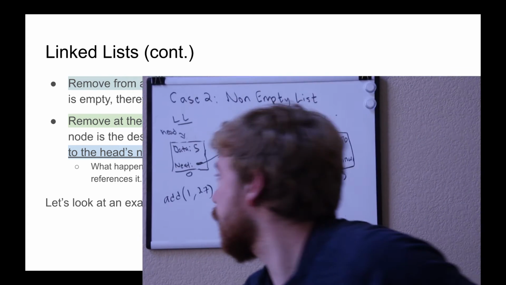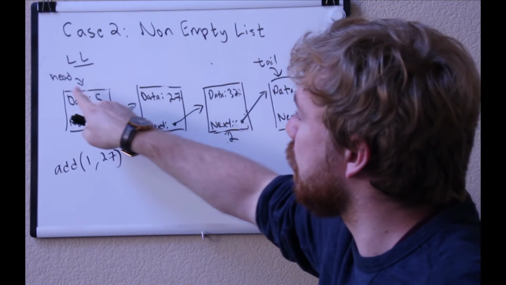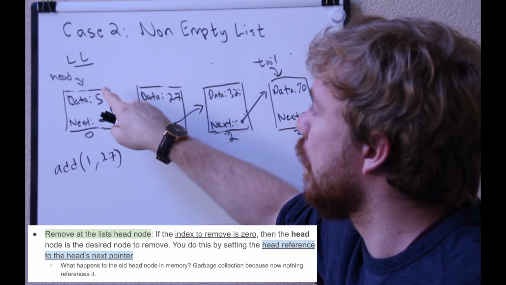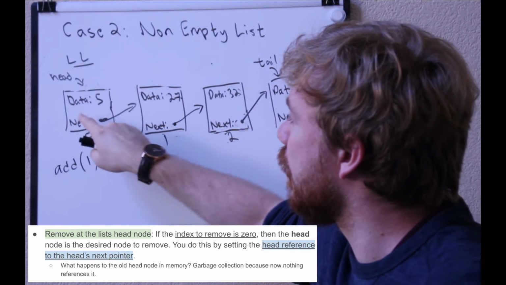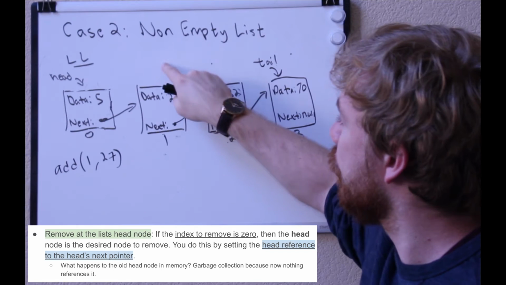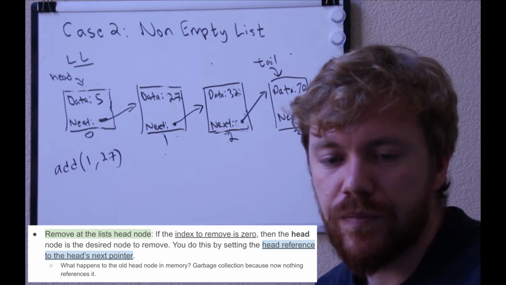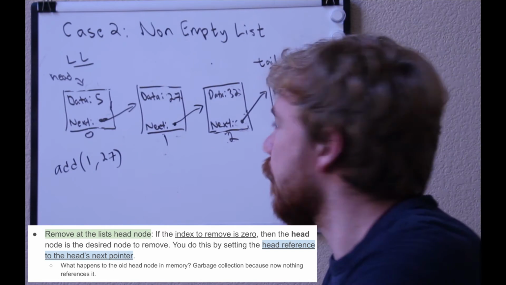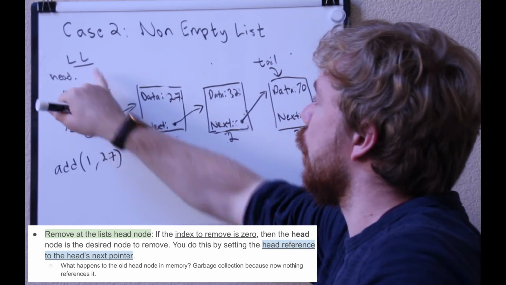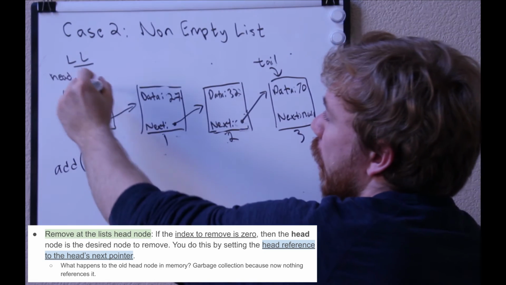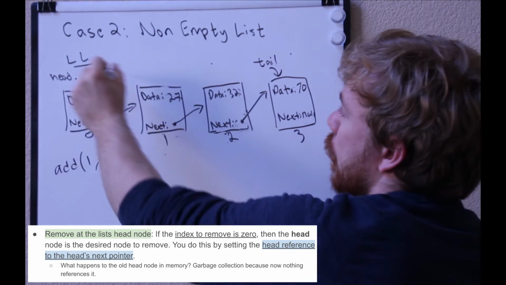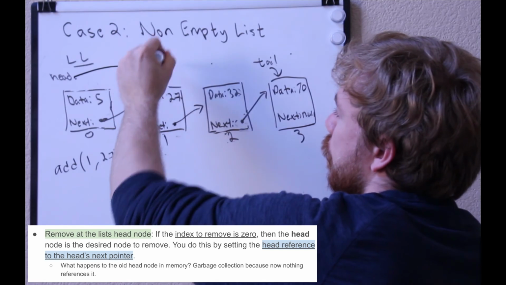So basically what we're saying is, the head currently references this node, but what we need to do is set it to this node's next, which currently references this guy. And so we'll go ahead and just do that, right? We'll say, okay, head, you no longer reference this very first node, you now reference whatever this first node's next variable is referencing, which is this node.